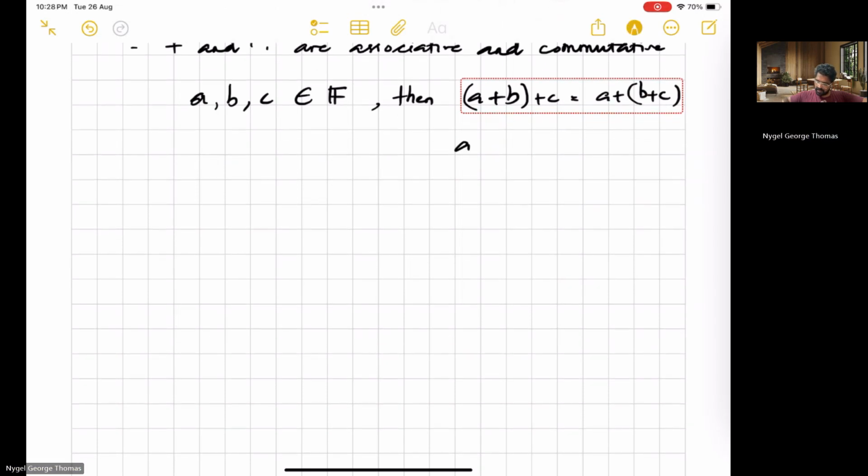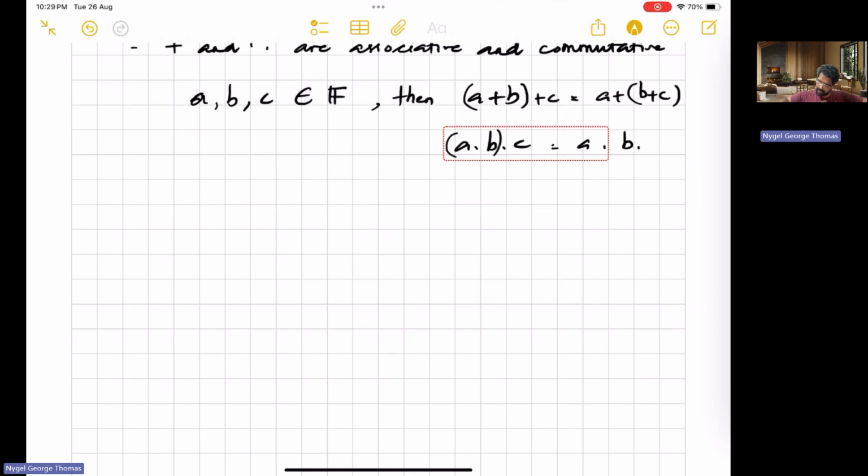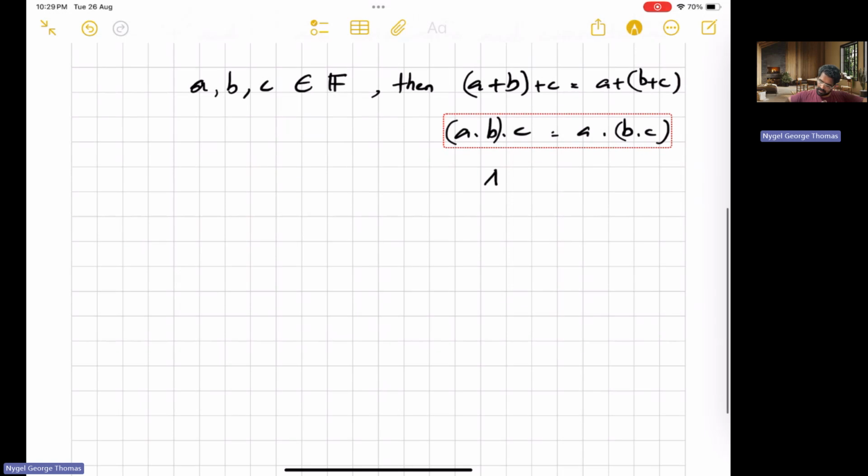Similarly, (A dot B) dot C is the same as A dot (B dot C). This is the associative property.